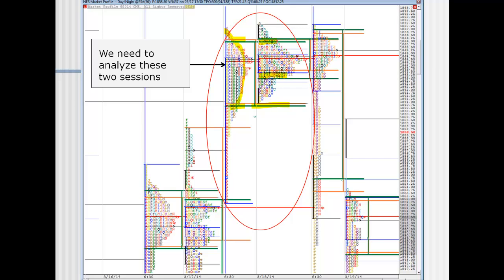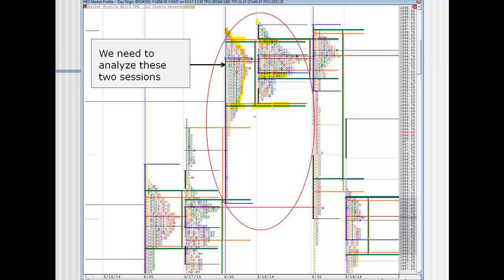We just continued to move in that same range. We extended the range perhaps a tick or two above, and we certainly did not extend the range anywhere below the value area low of the preceding day session.